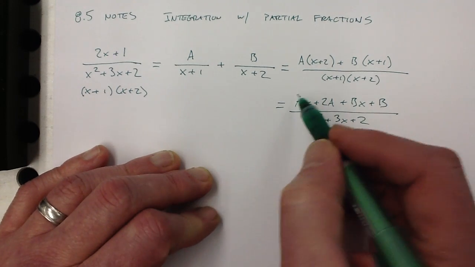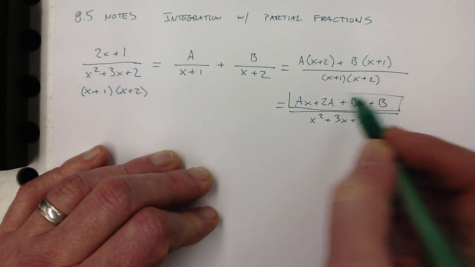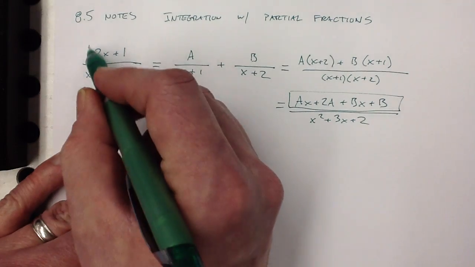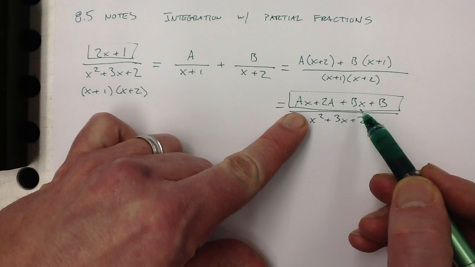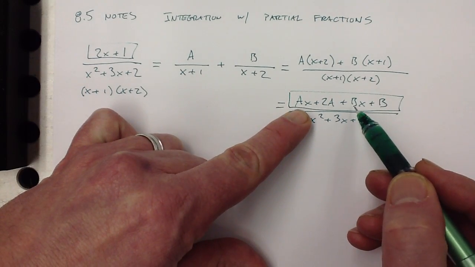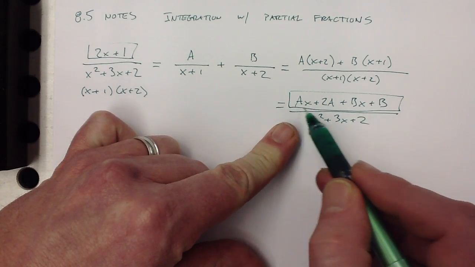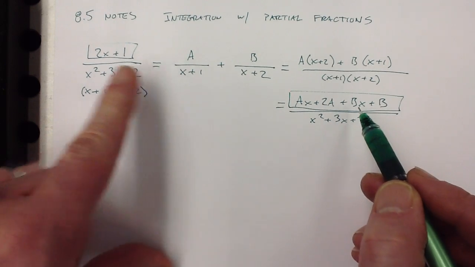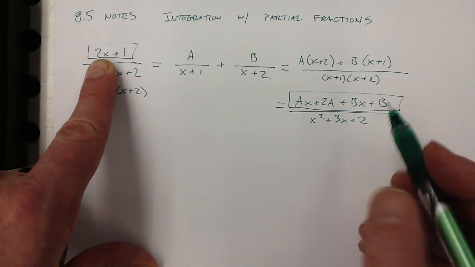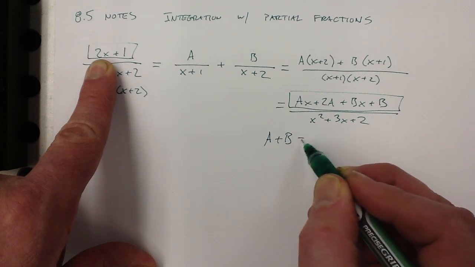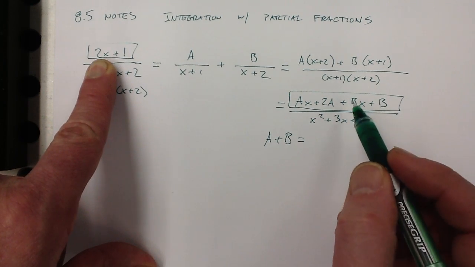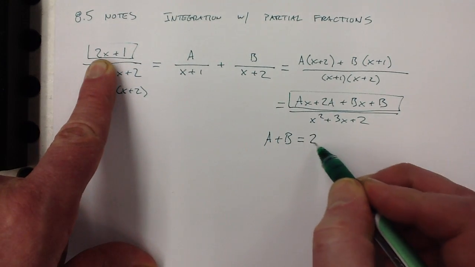And that means that this must somehow match up to this. Well, here are the x coefficients. So let's see, that means ax plus bx must somehow give us the 2x. Or in other words, a plus b must be giving me the coefficient of 2.